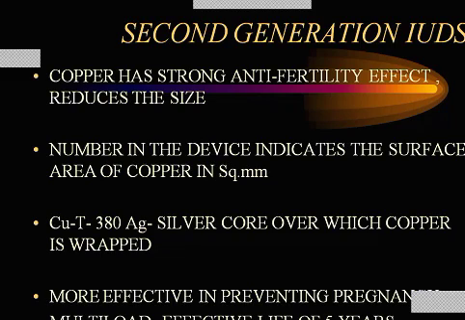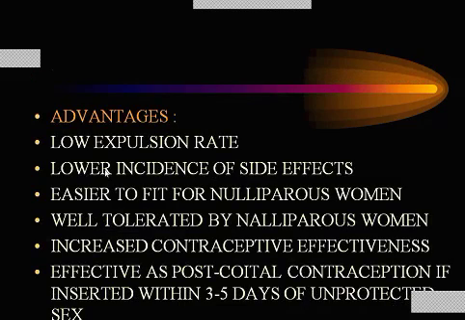So what is the advantage of reducing the size here? It can be fitted into a nulliparous woman also, and it can be easily tolerated by the nulliparous woman. So these are the advantages of Copper T, I mean, second generation IUDs.